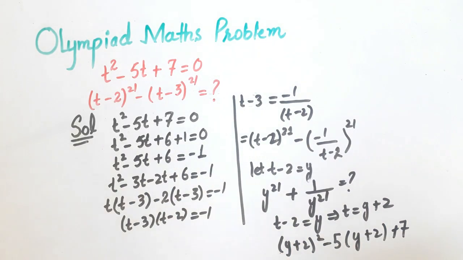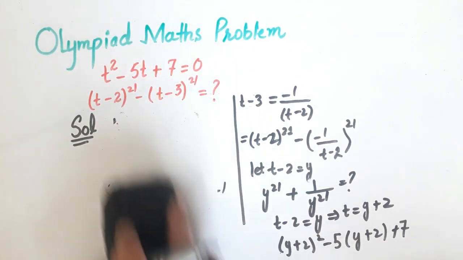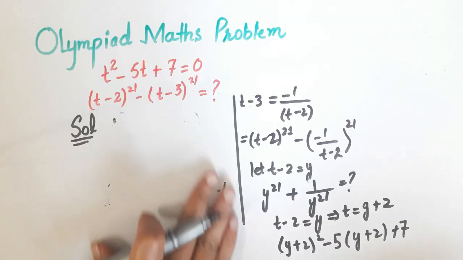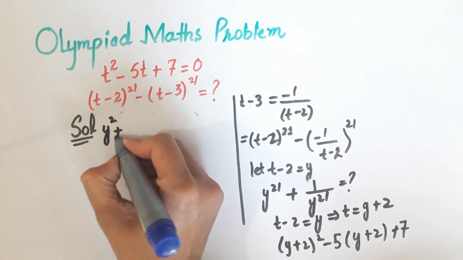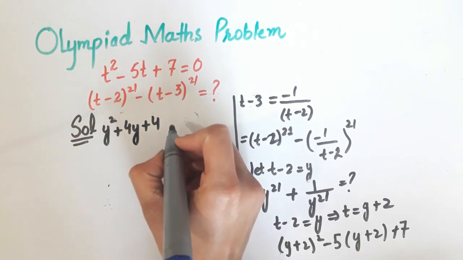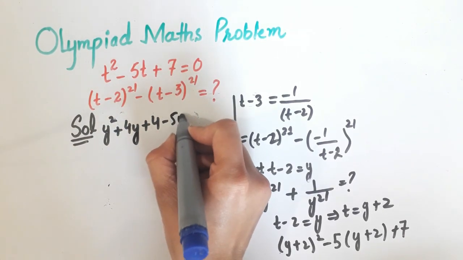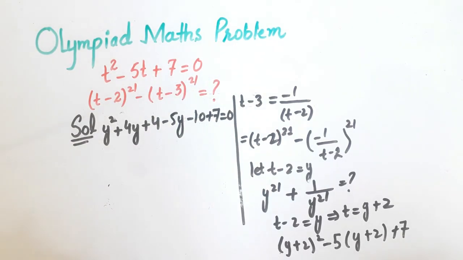Now apply the formula of a square here. So what will happen to this? We will apply the formula: (y plus 2) whole square equals y square plus 4y plus 4, then minus 5y minus 10 plus 7 equals 0.